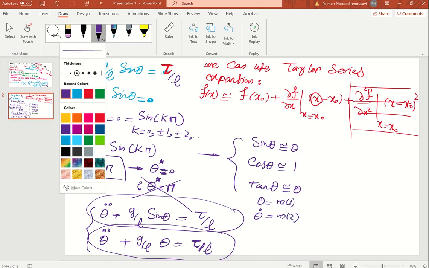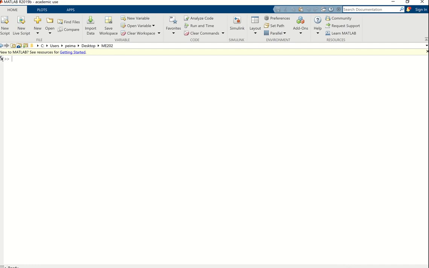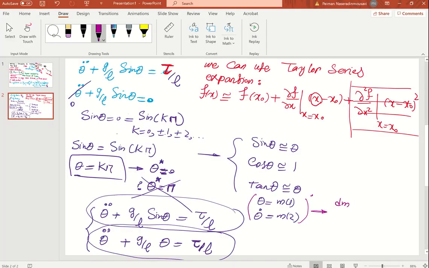Having the time derivative from both sides, you're going to have dm1 is equal to theta dot is equal to m2, right? And dm2 is equal to theta double dot. So what is the double dot? You have from here is equal to tau over L minus G over L sine of theta. What is theta? Is m1.